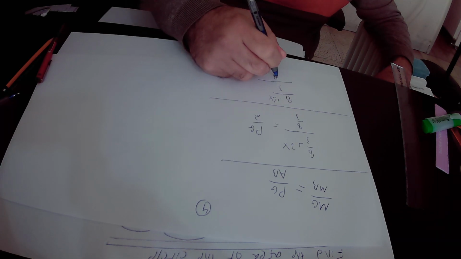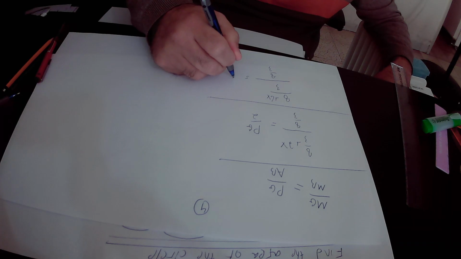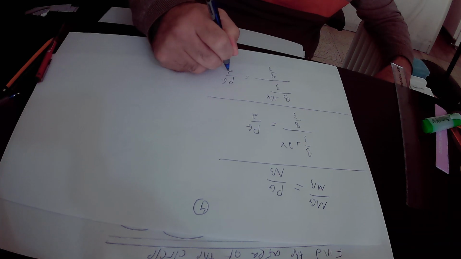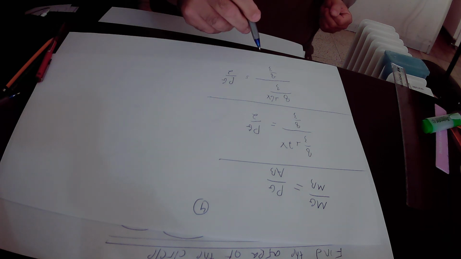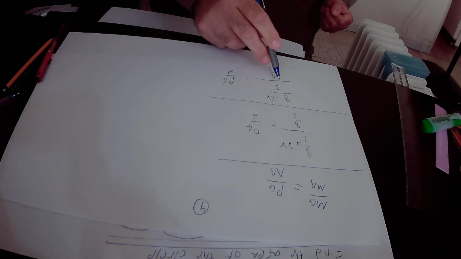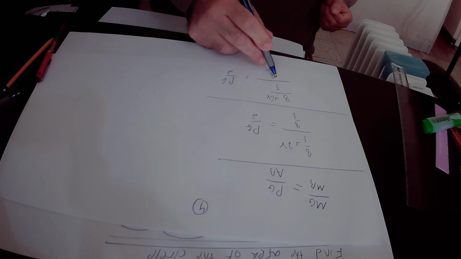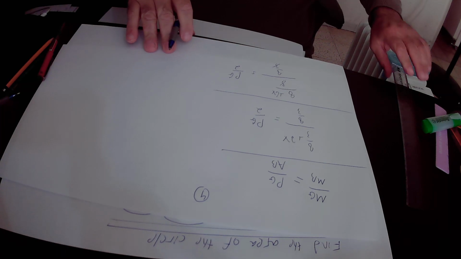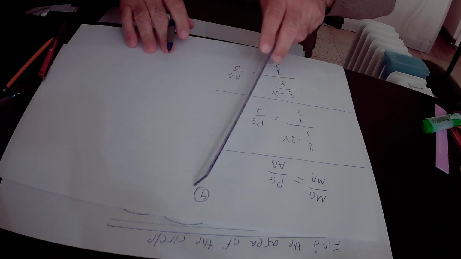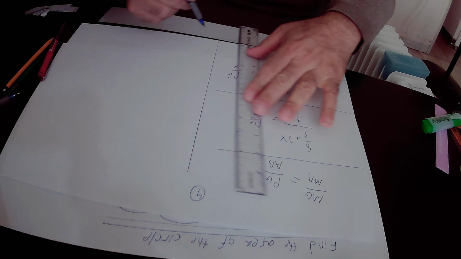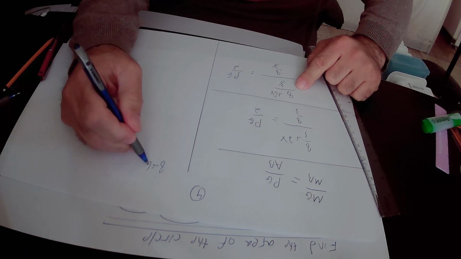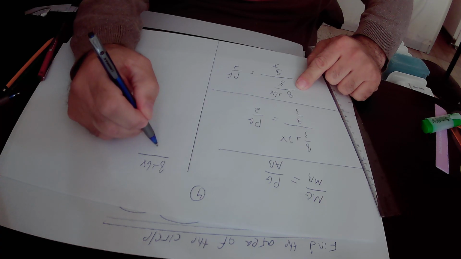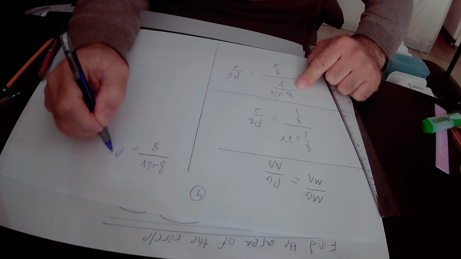Divided by 8 over 3 equals PG over 2. So here we have 3 in the numerator and 3 in the denominator, so 3 will get cancelled. And finally in this side of the equation we have 8 plus 6x over 8 equals PG over 2.